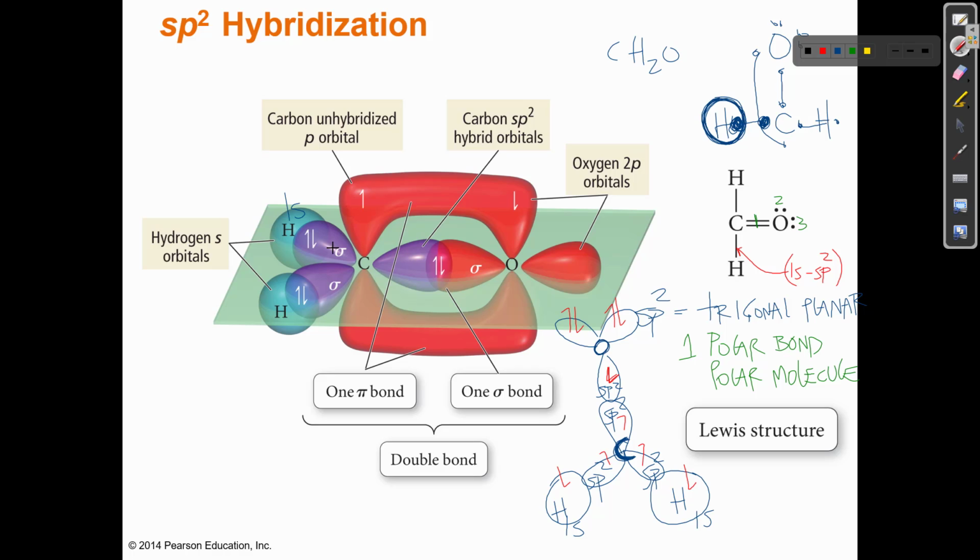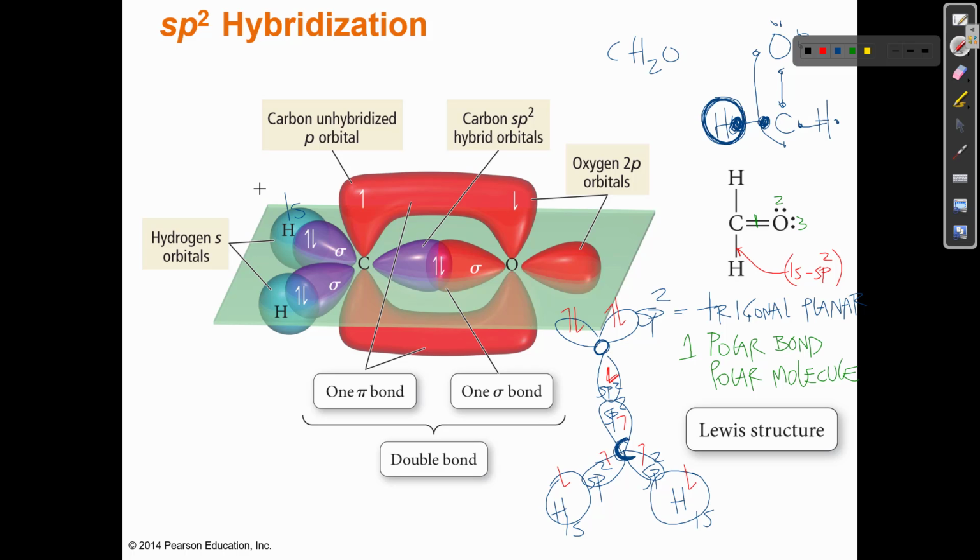I'm taking the stuff I know about s orbitals and p orbitals and spin up and spin down from electron configurations in chapter 6. And I'm taking what I know about Lewis structures, where I can show bonds and angles and single bonds and double bonds, and I'm combining them into this one picture of what a molecule looks like.